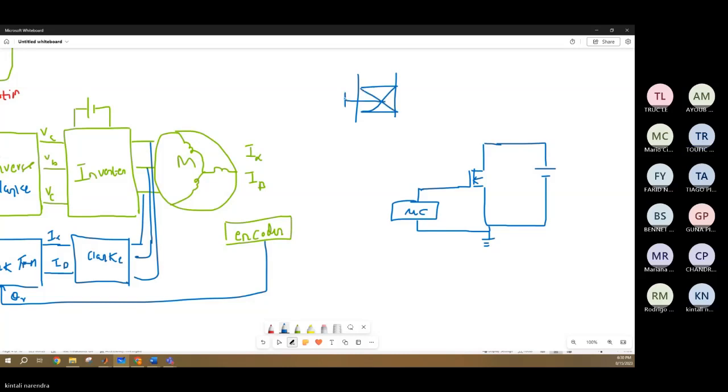It's not just on and off; it's more like analog. If you move the valve more, more current will flow, like more water through the pipe. From the microcontroller you provide a PWM signal. If the PWM value is very high, the amount of current coming out of the battery will be very high. If the PWM value is low, the current coming out of the battery will be low. This is the general circuit we use. Based on the application, here I'm having a motor.